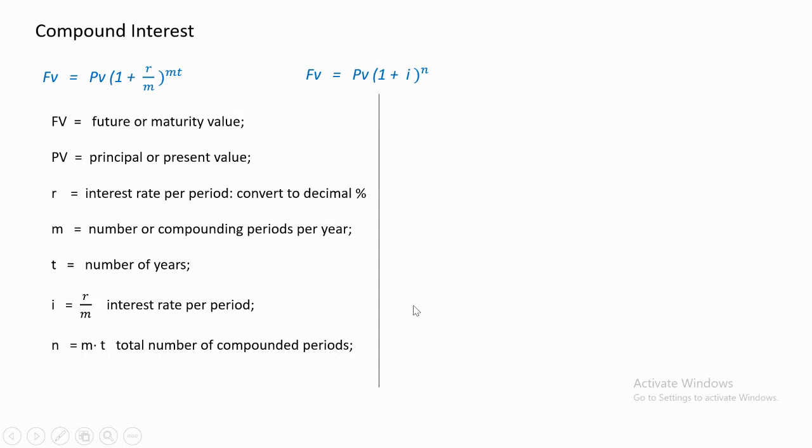Okay? So let's put it into action. Here are my keywords for compound. You're going to substitute into your formula depending on the wording of the problem. For example, if it says yearly or annually, like compounded yearly or compounded annually, M is equal to 1. If it states bi-yearly or semi-annually, M is equal to 2.